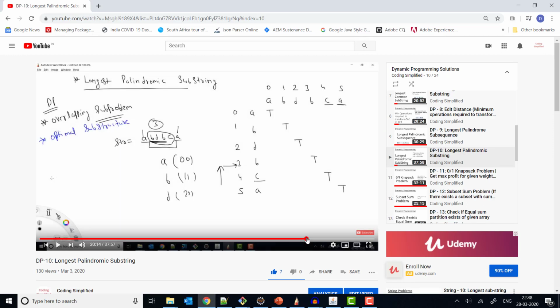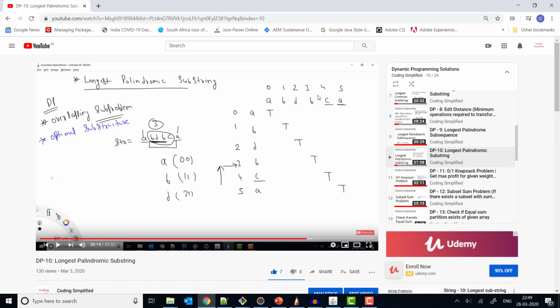In that problem, we solved this question using a DP bottom-up solution. We created a 2D array with boolean values, and we start from here and check if the characters are equal.